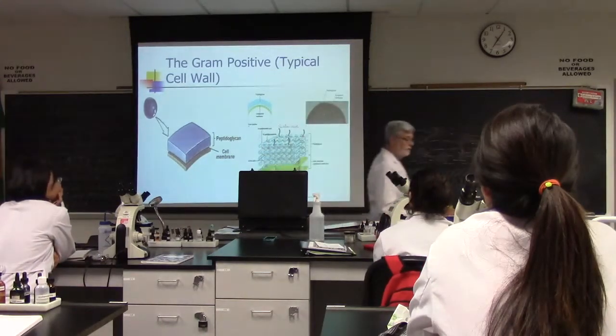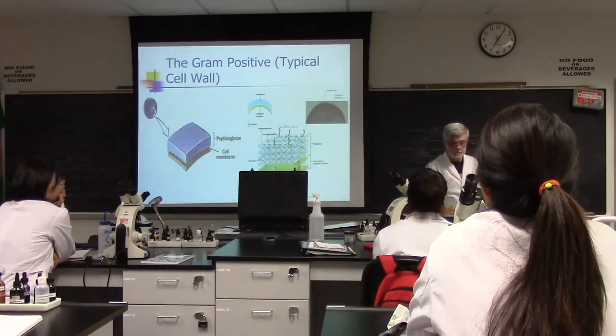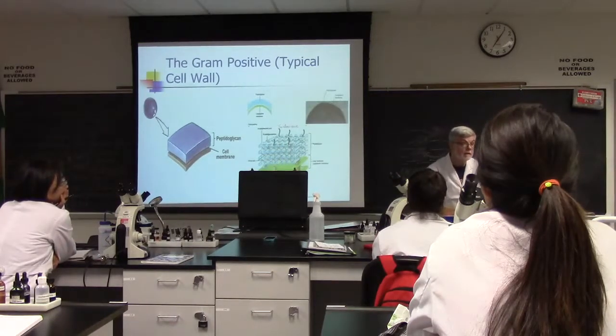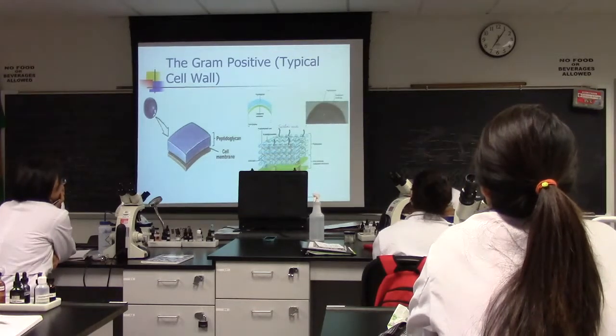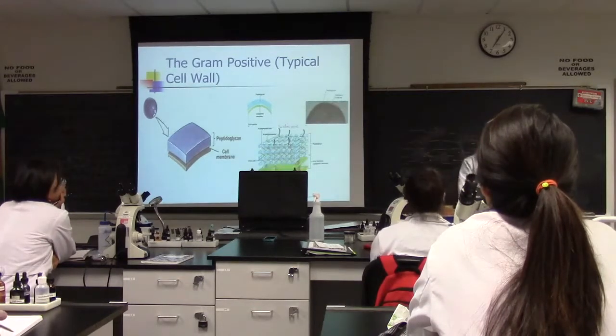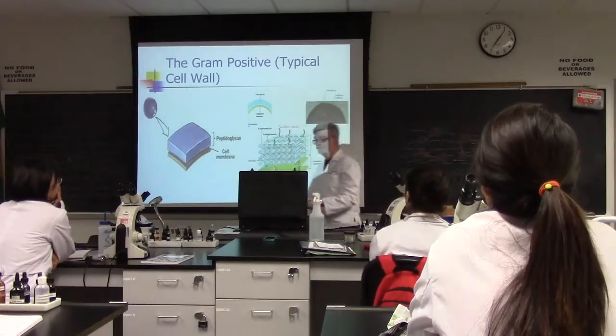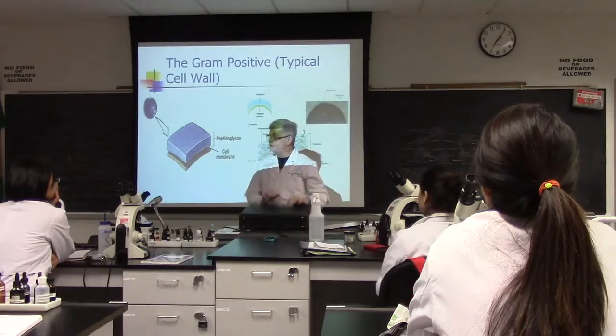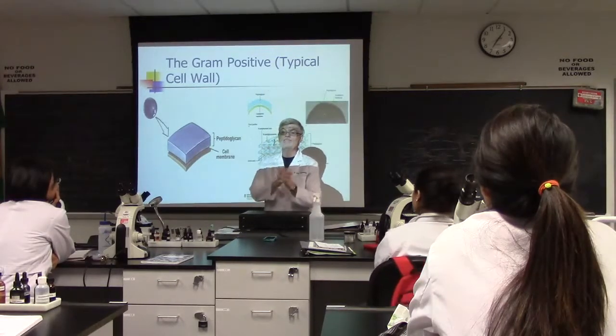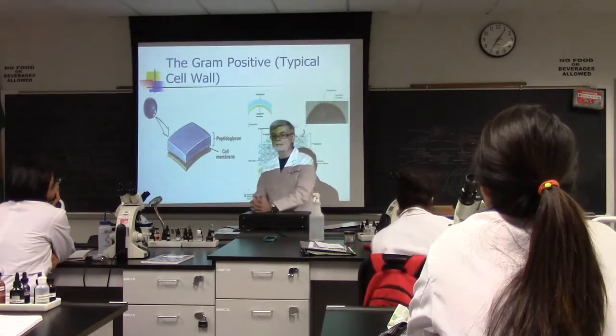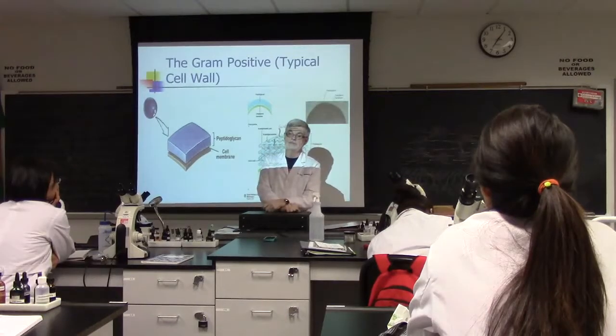But in all the 4.5 billion years that bacteria have been on this earth, the gram-positives have had teichoic acids. Yet we couldn't find a benefit for them. We found a detriment though. That's where viruses that attack bacteria glue themselves.